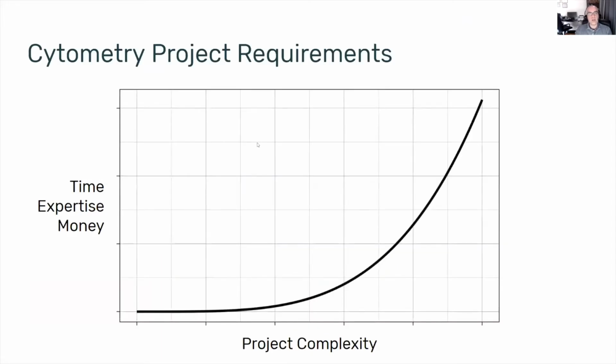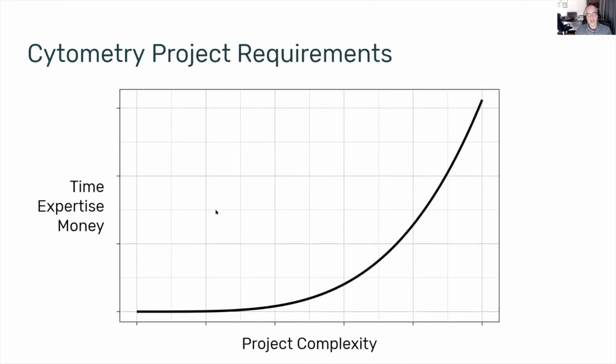So here's a conceptual way to think about analysis when it comes to flow and mass cytometry. Briefly, as the project becomes more complex, the cost of the analysis, and this means time, expertise, computational power, money, all of these go up exponentially.